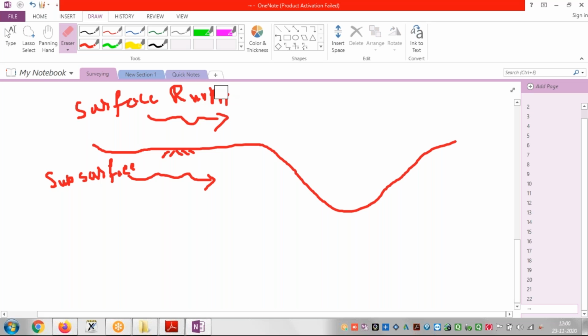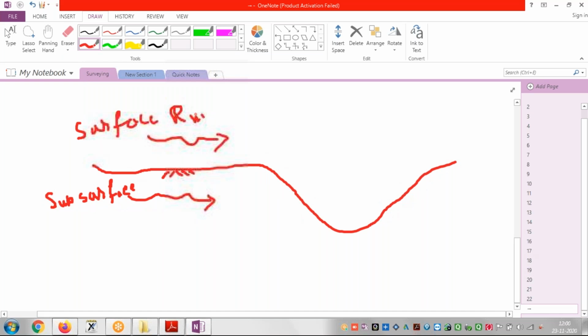Just try to understand this. Actually, I'm not able to write properly. So these are the two categories.